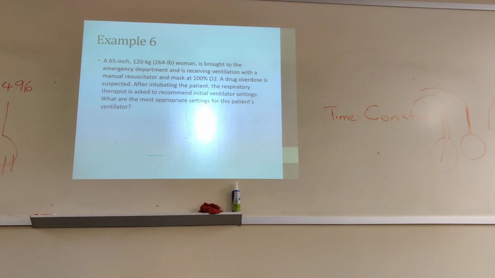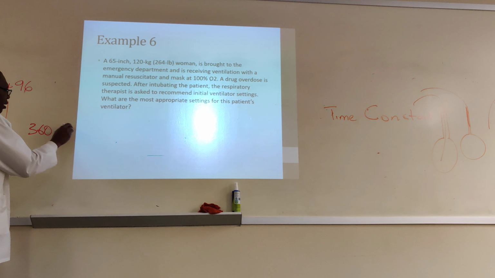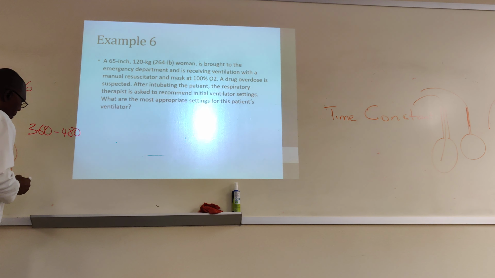What are the most appropriate settings for this patient's ventilator? Well, I'm going to put them on 100%, 65 inches, so that's 60 kg. That would be like 360 to 480. That's the range of tidal volume there.